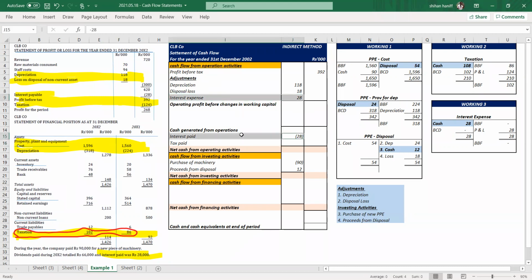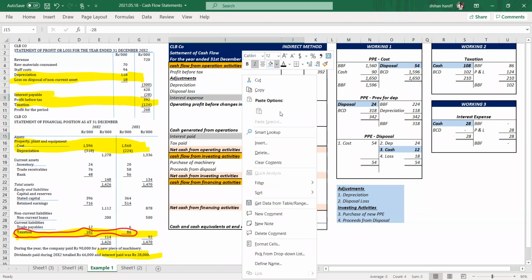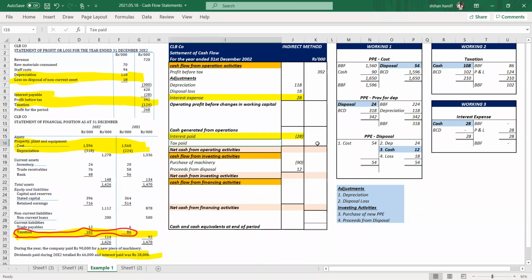Expense and payment both same. Tax paid we have calculated, it was 108. Right. So this is the main part. Everything else is very simple.